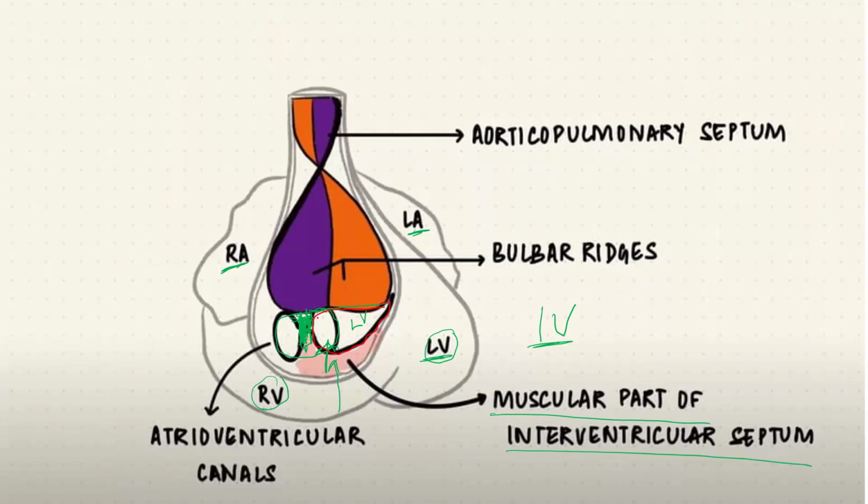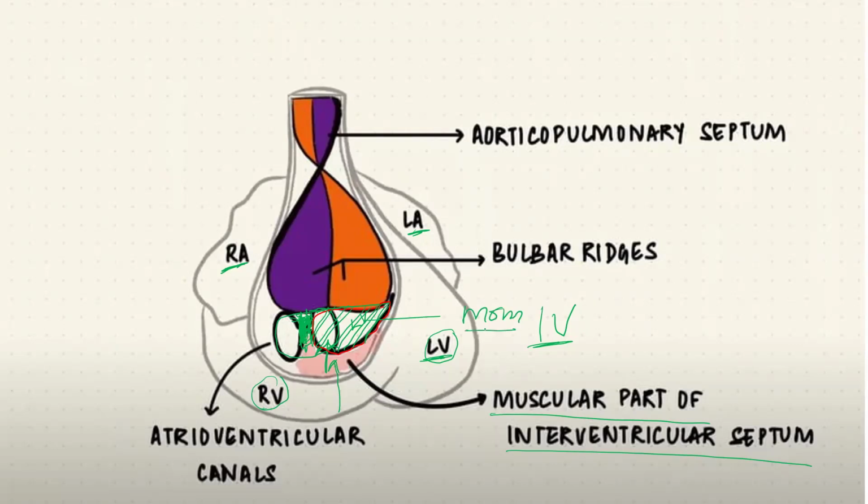What happens is that the endocardial cushion, in green, which separated the atrioventricular canal, proliferates to fill that gap. And it forms the membranous part of the interventricular septum.